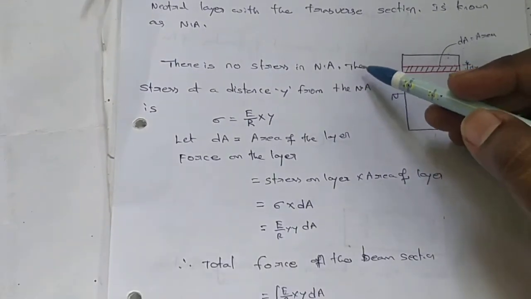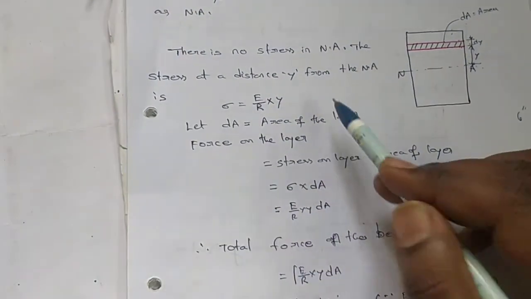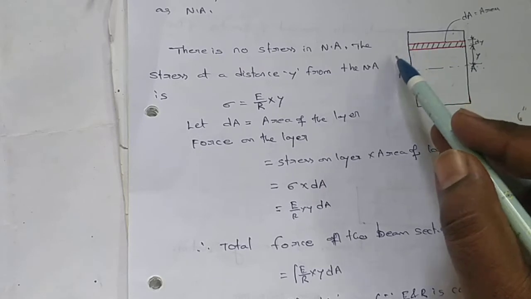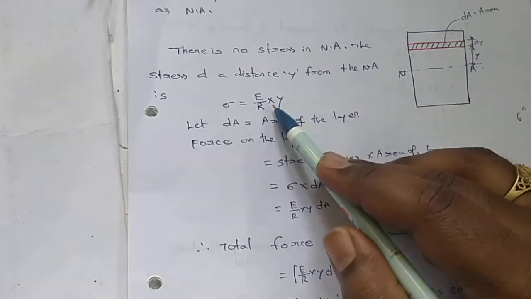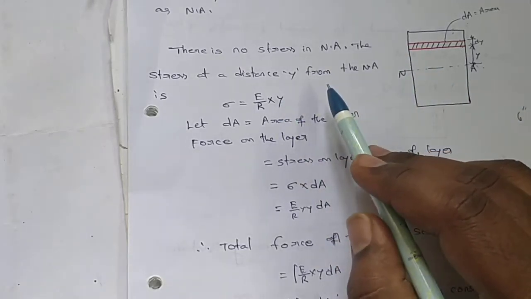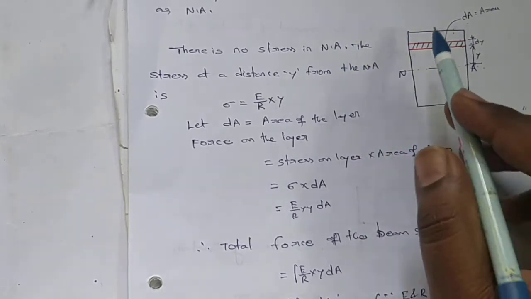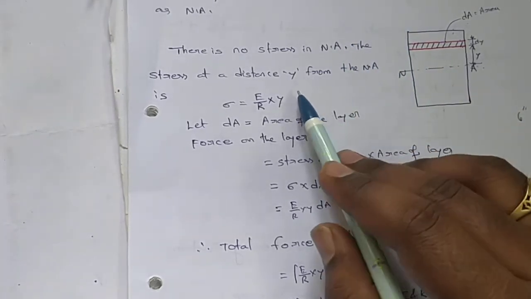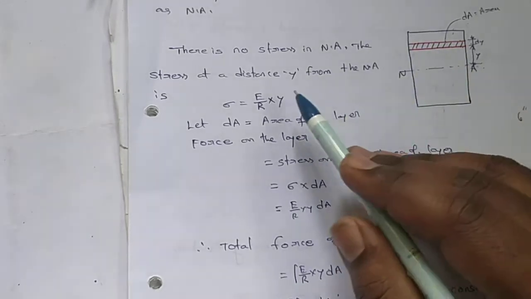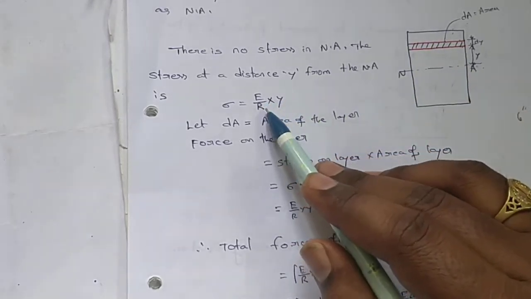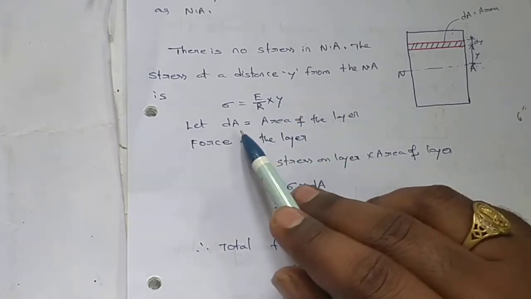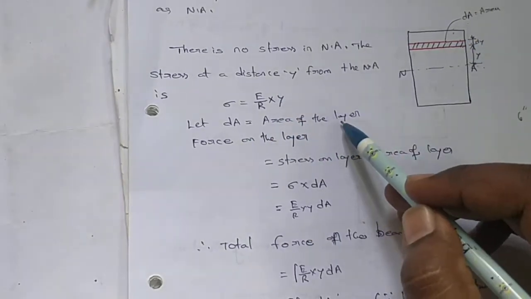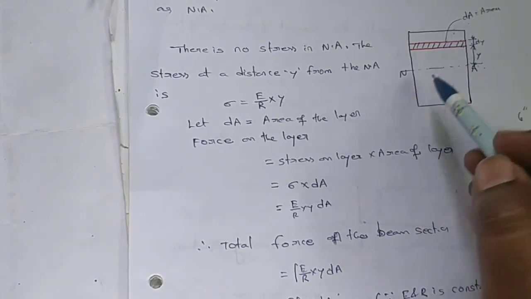Next, the stress at a distance y from the neutral axis. Now we need to calculate the stress in this element. The stress at any point in any layer of the material, as we just calculated, is E by R into Y.